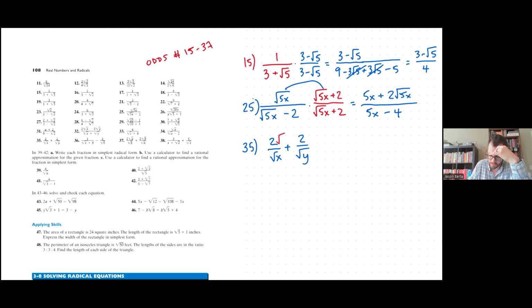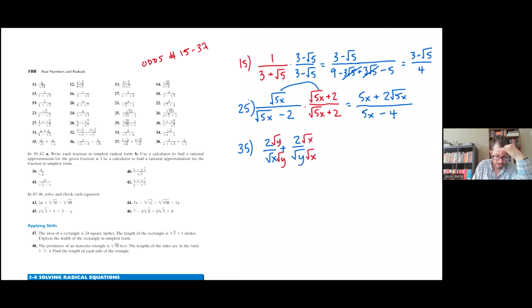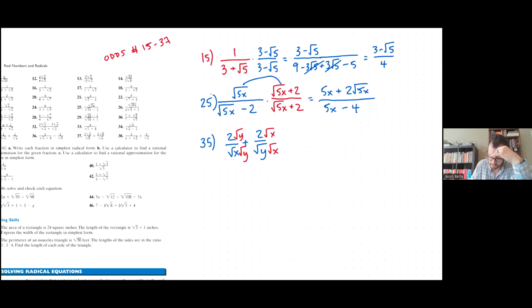So I'd multiply the first one by that, the second one by this, and then what we're going to get is a single fraction where we have 2 square root of y plus 2 square root of x all over the square root of xy. And now we can actually multiply by that denominator, top and bottom. And we'll get something like this.